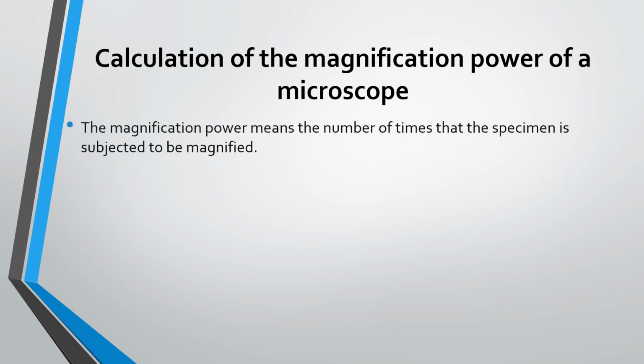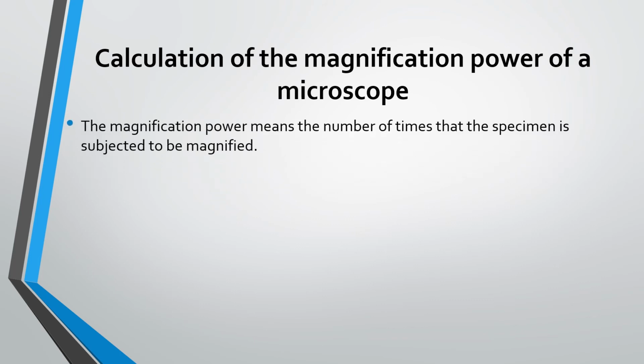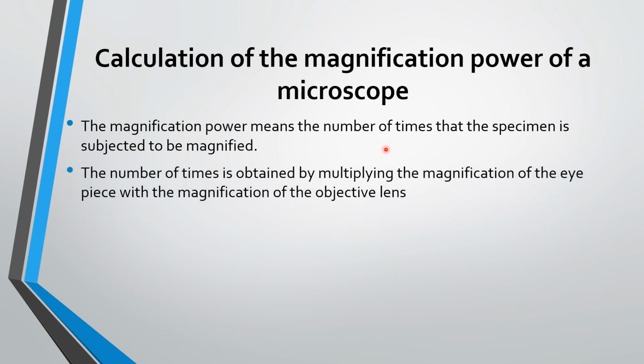So you should be able to calculate the magnification power of a microscope. Magnification power of a microscope means the number of times that a specimen is magnified. So you learn what magnification is before starting the lesson also. And here's the equation that you are going to use in calculating the magnification.